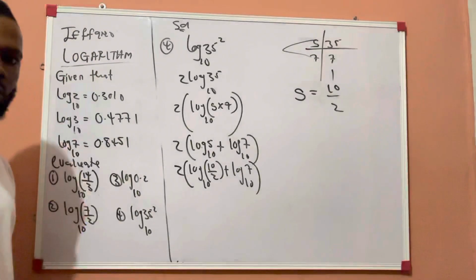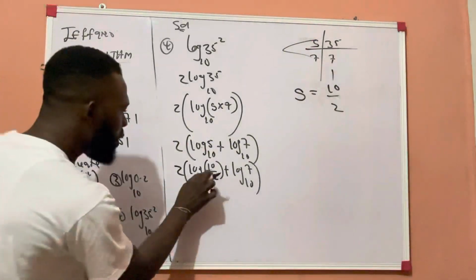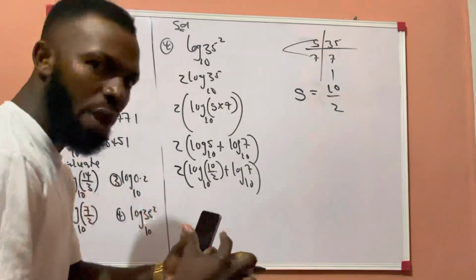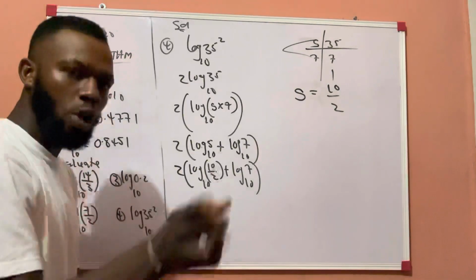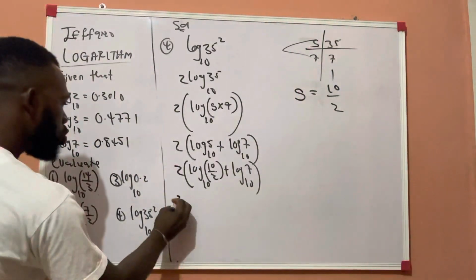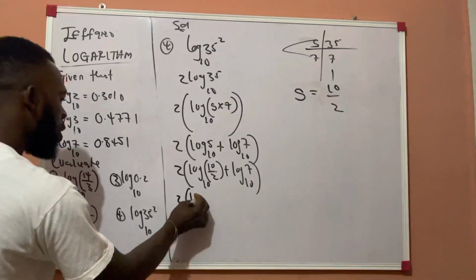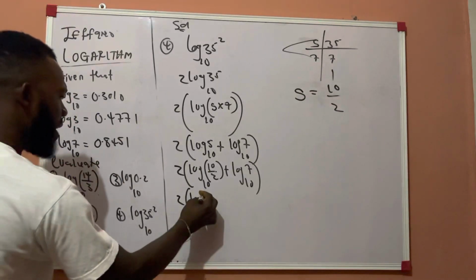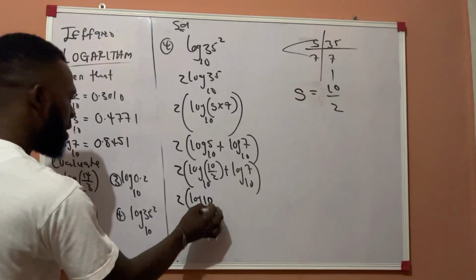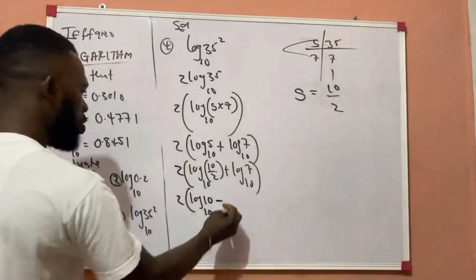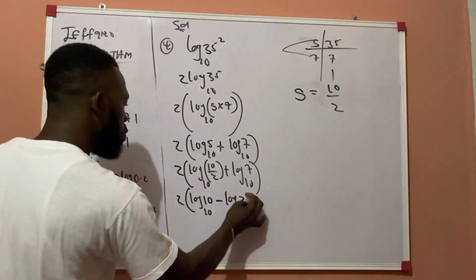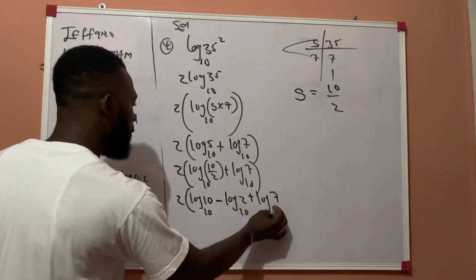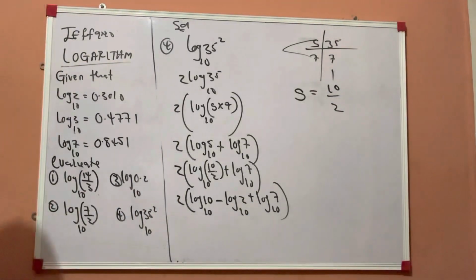Now, we have division here again, so we are going to expand, and division becomes minus. So here becomes 2 into the bracket of log 10 base 10 minus log 2 base 10 plus log 7 base 10.